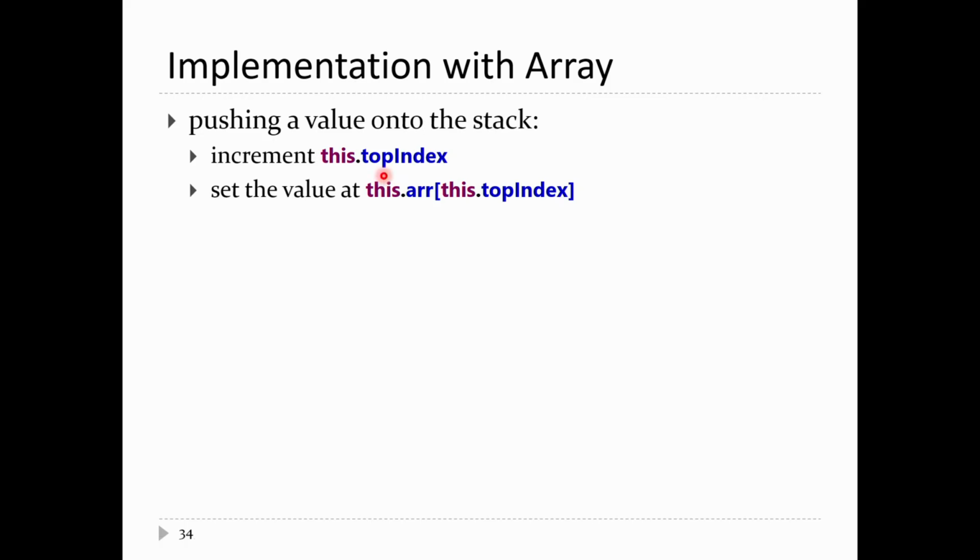So pushing a value onto the stack, we add 1 to top index, because remember, top index is the index of the element that's currently at the back of the array. So we're going to add 1 to that to move to the next free element in the array. And then we're just going to set that element to whatever value is pushed onto the stack.